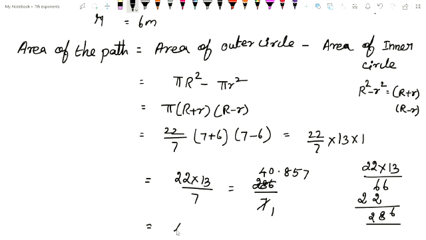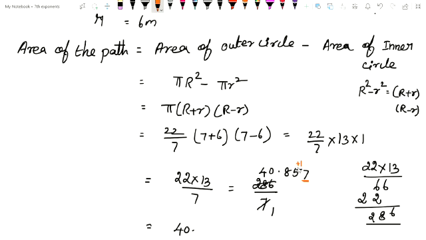Now 40 point, look at the third decimal. The third decimal is 5 or greater than 5, which means you should add 1 to the previous digit. Because they asked 2 decimals, we go till 3 decimals and look at the third decimal. If it is less than 5, you leave it. If it is 5 or more, you add 1 to the previous digit.